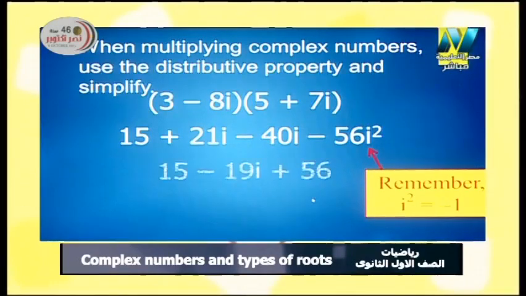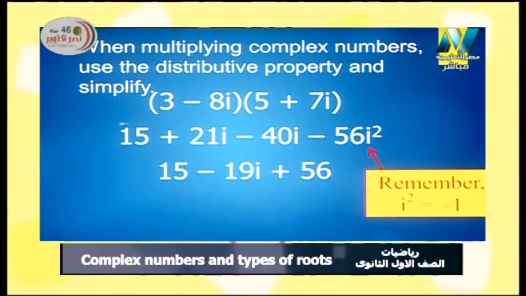And we will add the like terms with each other. You have 15 here, and 15 has no other like term. Here we have 21i, negative 40i, negative 56i squared, but we have just 15.